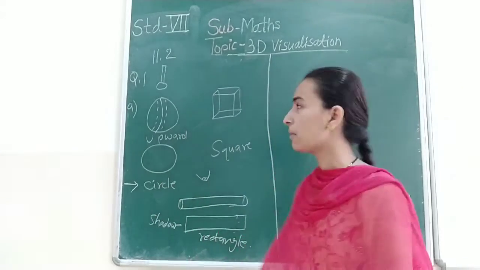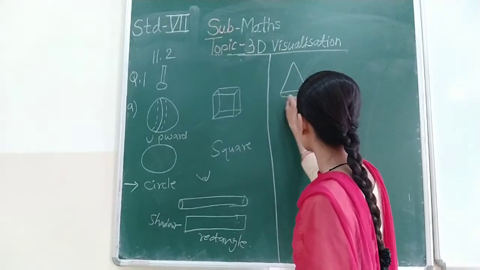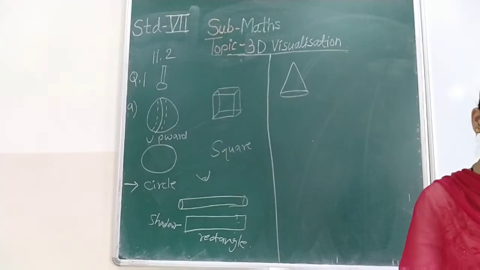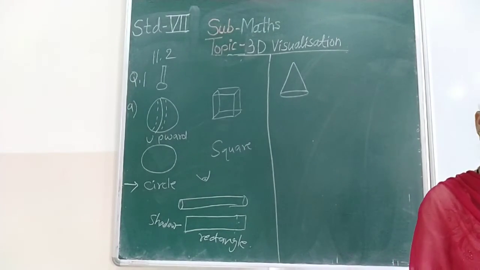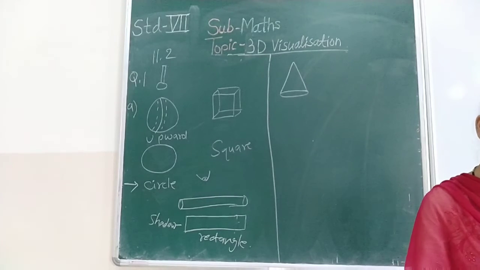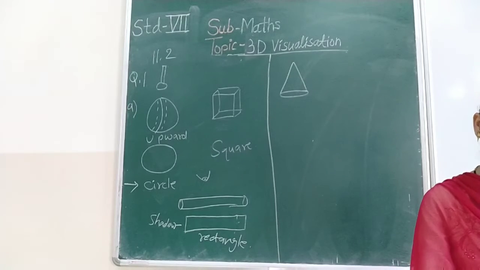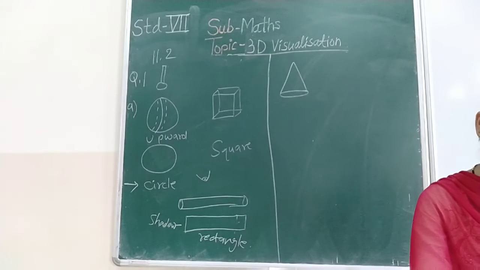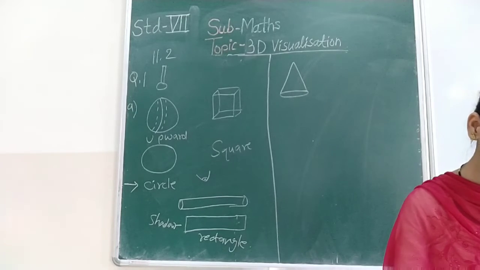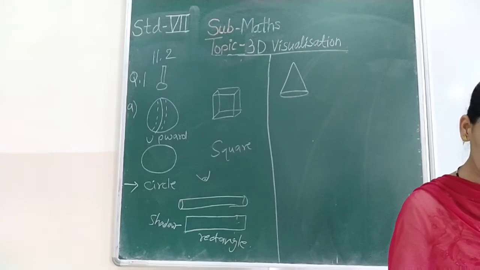For the fourth, birthday cap. How does the birthday cap look? A birthday cap is something like this. If we see from upward, how does it look? Can you tell me the answer for that? Is it cone or sphere, how is it?